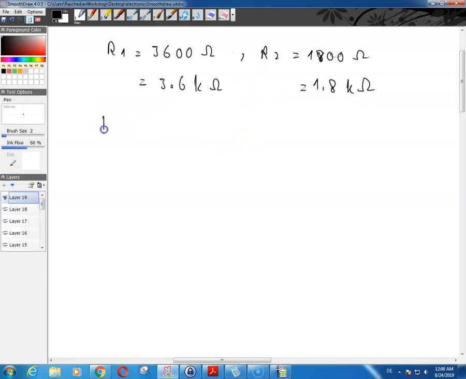And so then R of T is going to be equal to R1 R2 over R1 plus R2.